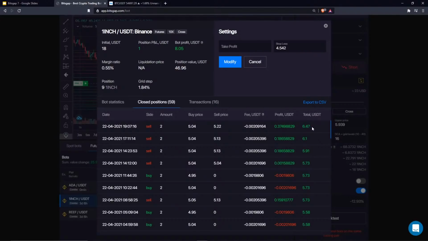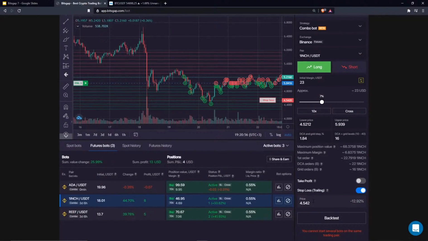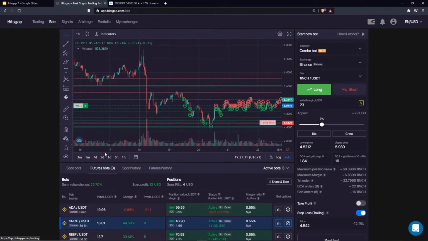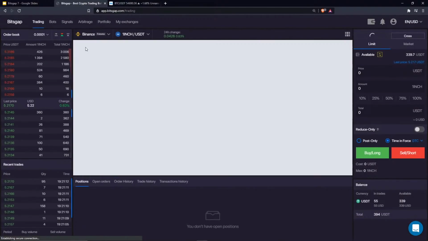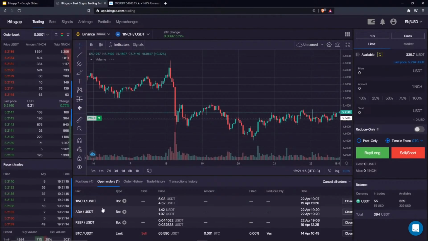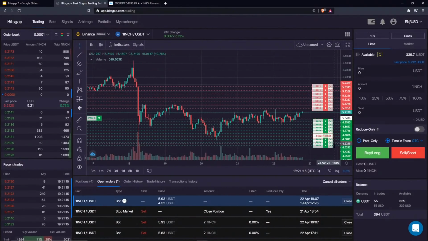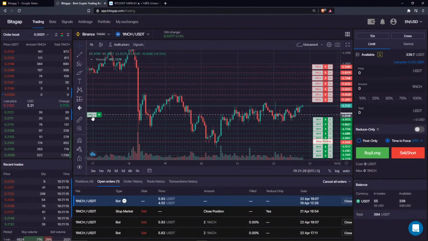So this 6.47 is already on my balance, but you will see that I have like $1+ in profit under my P&L. If I go to trading, I will show you this. So we go trading, futures, open orders, 1 inch. So here we go. You see current P&L.